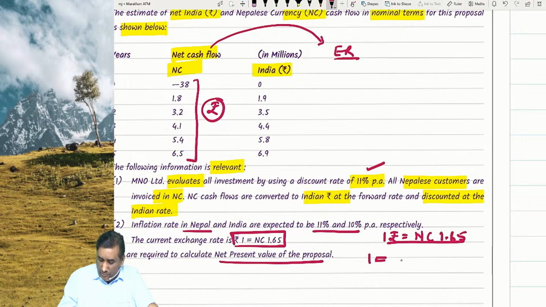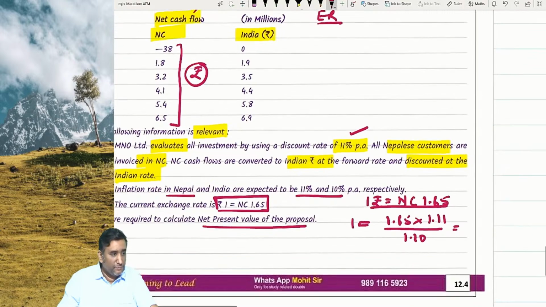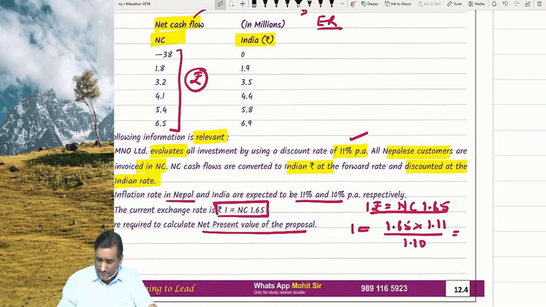So first year answer would come as 1.65 into Nepal rate divided by the Indian rate. Nepal is 11, so 1.11 divided by 1.10. Tell me the rate. 1.665.